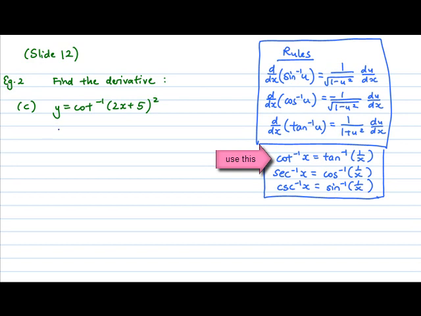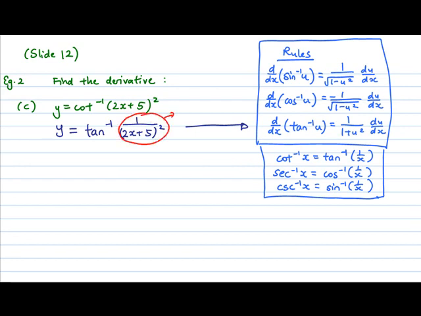So I can rewrite this equation to become tangent inverse followed by 1 over 2x plus 5 squared. So now I can use this formula to differentiate this, where my u looks quite complex.